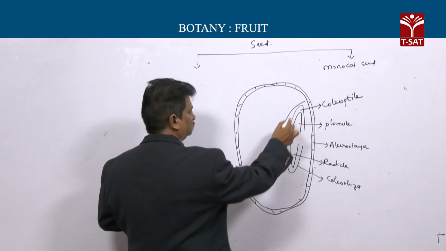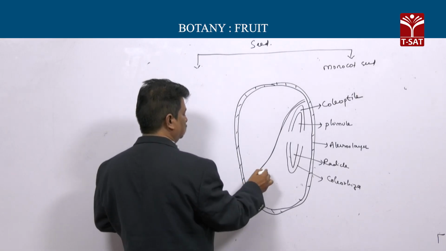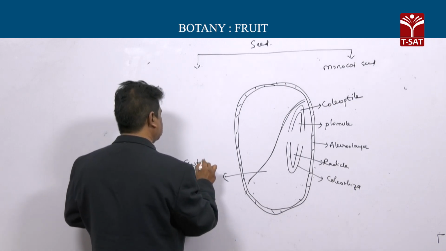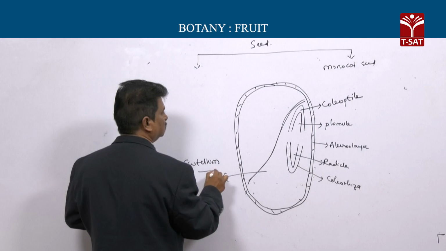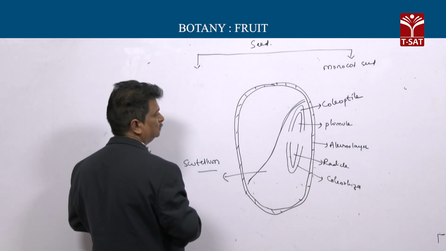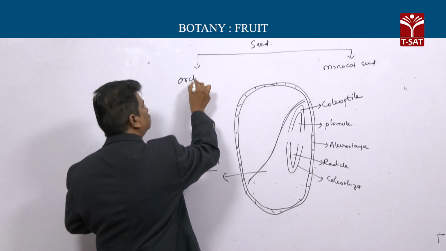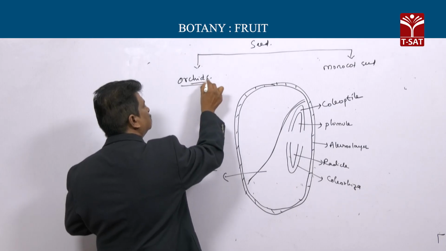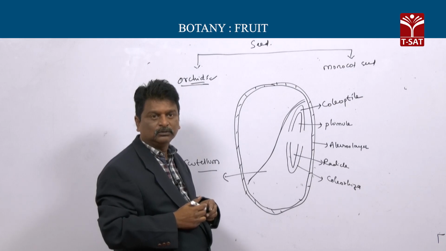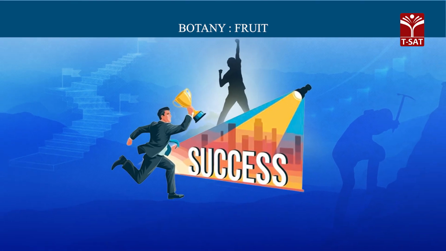The monocots contain a single large cotyledon. This single large cotyledon is called scutellum. Generally, monocots are endospermic seeds, but some monocots like orchids are non-endospermic.